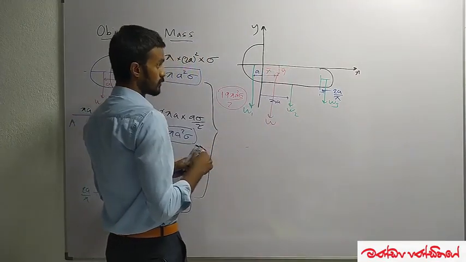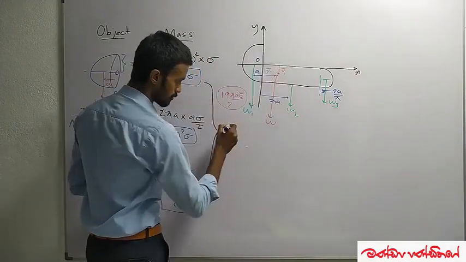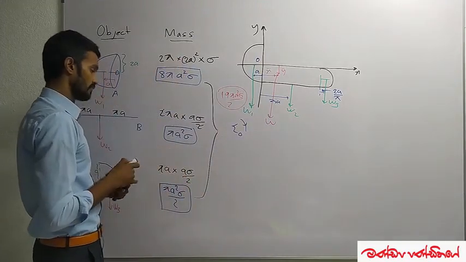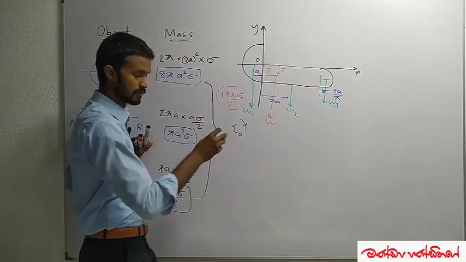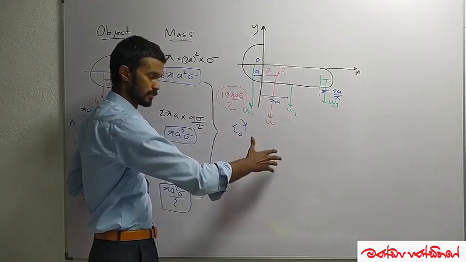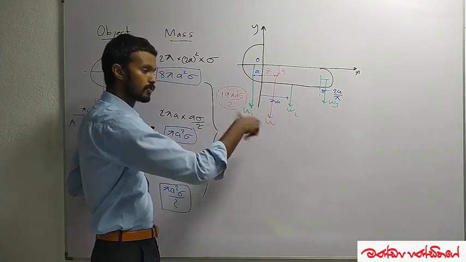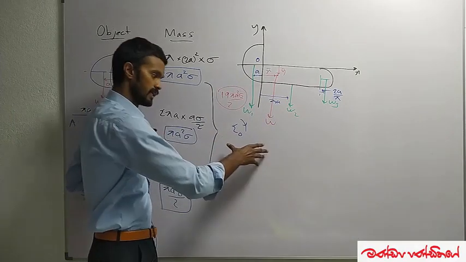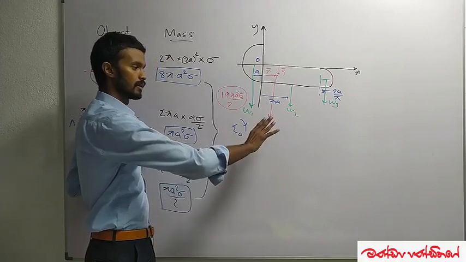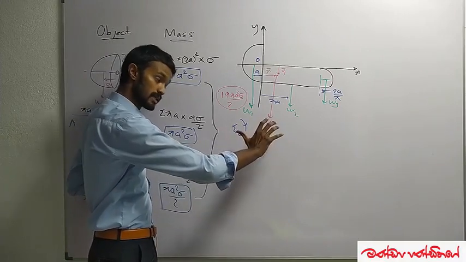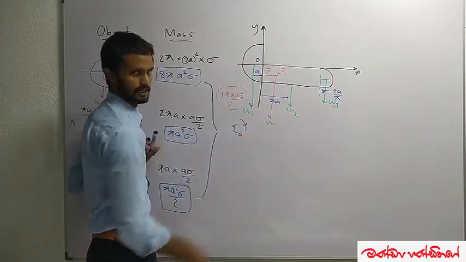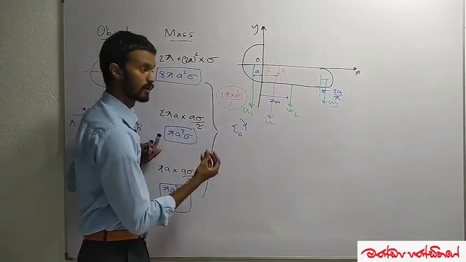So I'm going to take moments around O, considering the clockwise moments. I know the moment equation: the addition or resultant of all the moments around one point, in a certain direction, is equal to the moment of the resultant force.